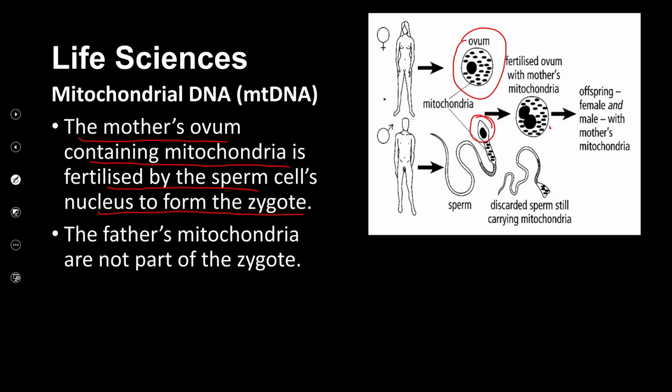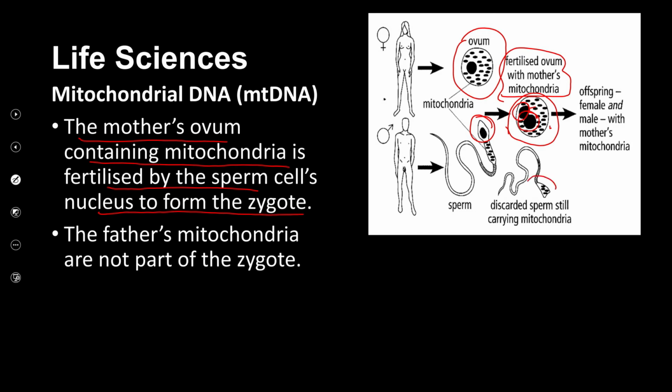The head penetrates, and it's the nucleus of the sperm cell that fuses with the nucleus of the egg cell. The rest of the cell that forms the zygote comes from the ovum. Therefore, it's the mitochondria from the ovum that form the zygote, or the next generation.